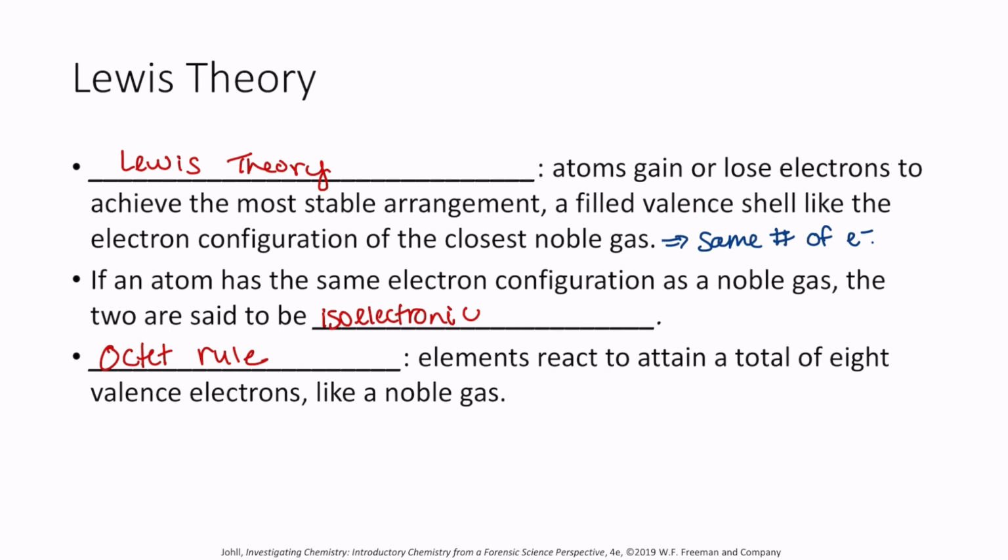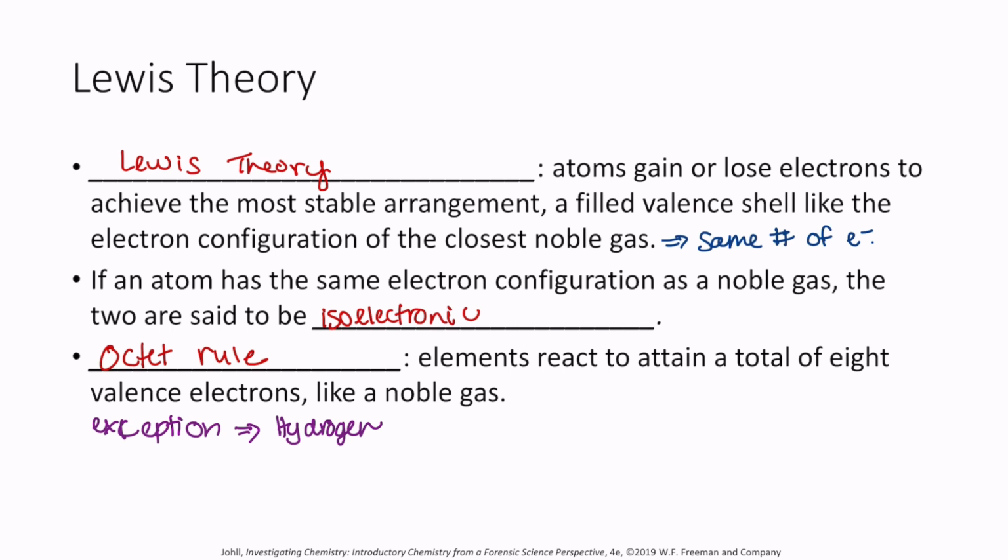There is an exception, and the most common that we're going to see in this class is hydrogen. Hydrogen can't fit 8 electrons around it. It's just not big enough. If you recall, it's in group 1 and period 1, so it can only have a maximum of 2 electrons around it.